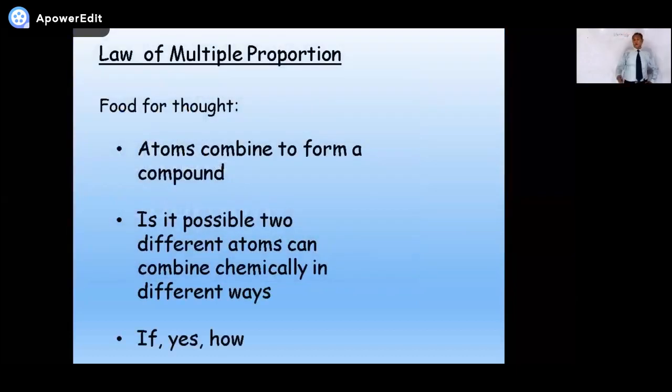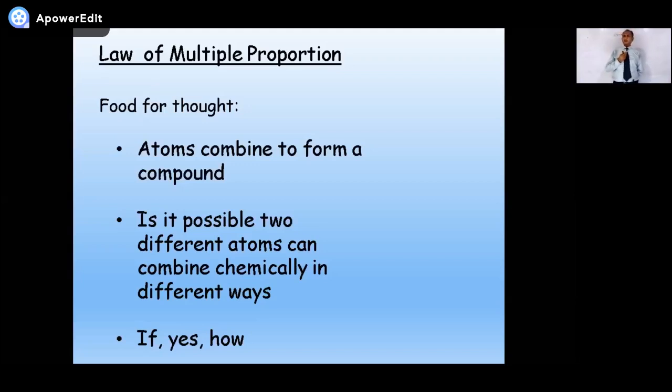What's the law? Before we start the law, there's a question for you. We all know that atoms combine chemically to form a compound. Carbon and oxygen, carbon dioxide. Hydrogen and oxygen, water. Carbon, hydrogen and oxygen, glucose. Now the question is, when 2 elements combine, is only one type of compound formed?